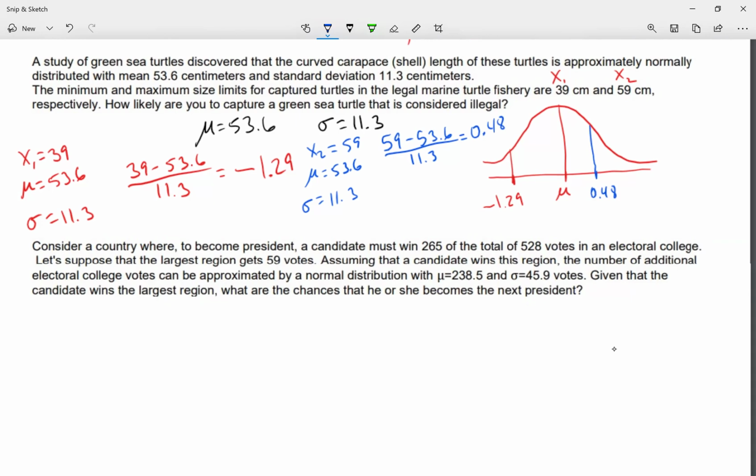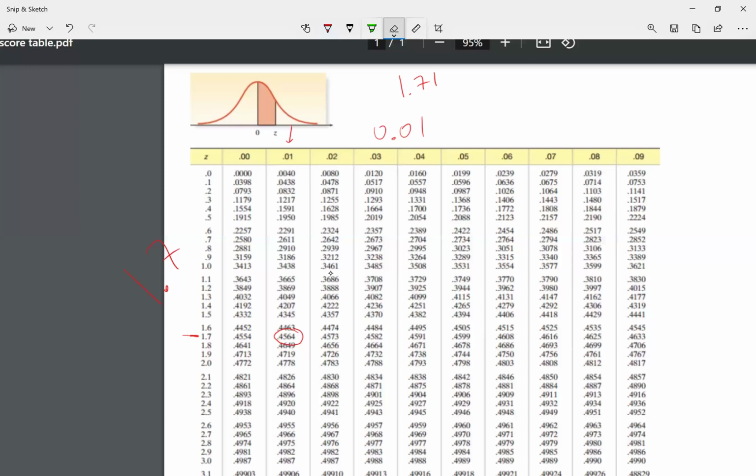Okay, so let me take a look at my table. Let me look for my negative value first, negative 1.29. When I'm looking at this table, I ignore the negative sign. So I'm really looking at 1.29. The negative sign is for me to know that it was to the left of my mean.